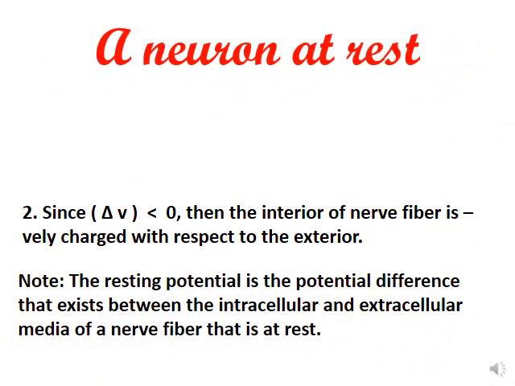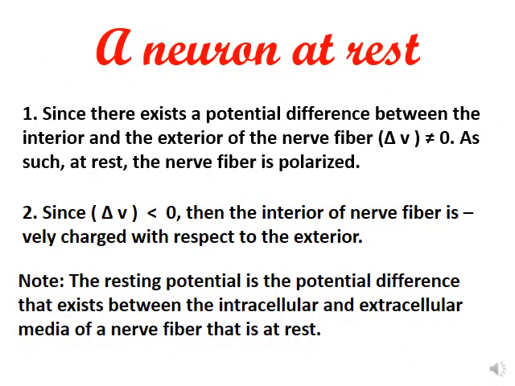First, a neuron at rest, meaning without any stimulation, has a potential difference, delta V, between the interior and the exterior of the nerve fiber. Pay attention, this is at rest, without any stimulation, without any excitation. So there exists a potential difference, delta V, between the interior and the exterior of the nerve fiber.